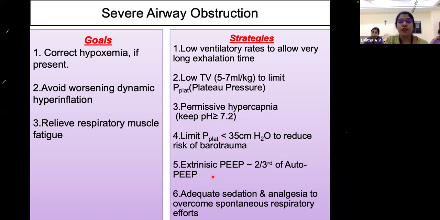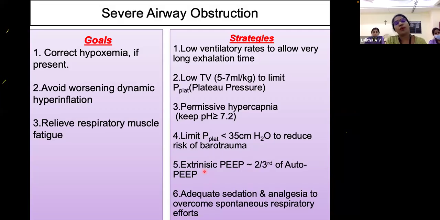And how much PEEP to set? In bronchial asthma, there is dynamic hyperinflation because of the presence of auto PEEP, so some amount of PEEP is required. It helps to unload the respiratory muscles and allows easy triggering on the ventilator. But whatever PEEP you set should be 2/3 of the auto PEEP, so you need to measure the auto PEEP.